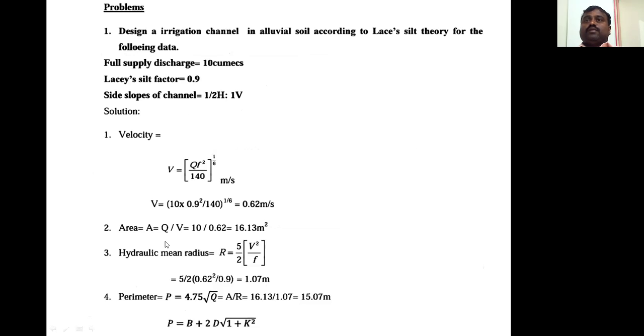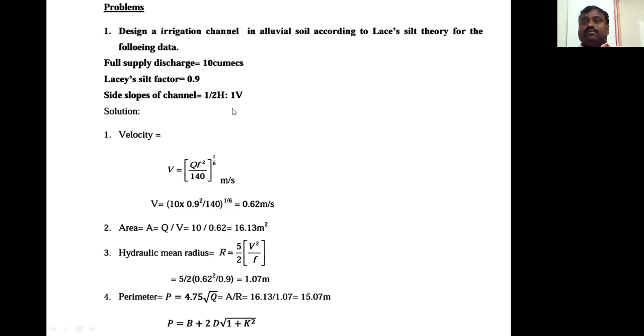The problem defines it like this: design an irrigation channel in alluvial soil according to Lacey's silt theory for the following data. In the problem definition, the full supply discharge Q is given equal to 10 meter cube per second, Lacey's silt factor F is given equal to 0.9, and the side slope of the channel is defined as half horizontal to 1 vertical.